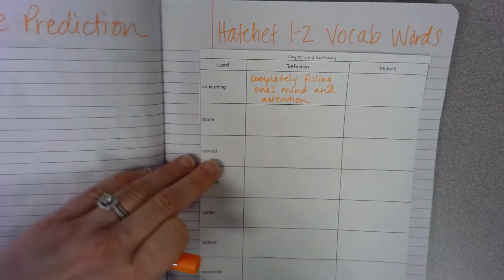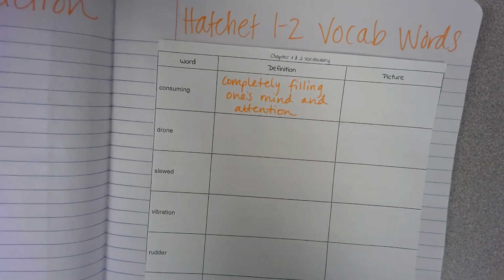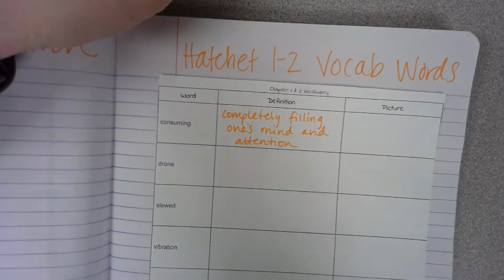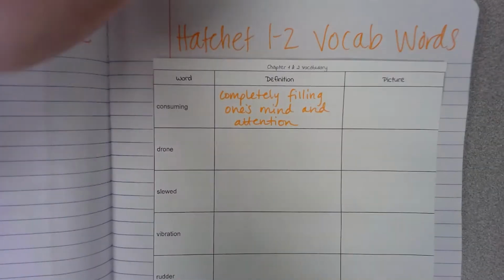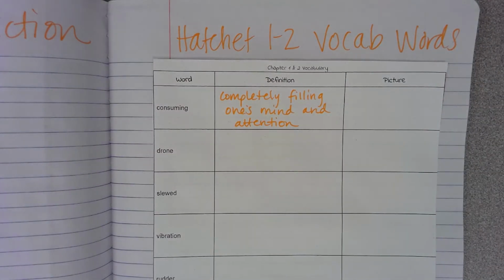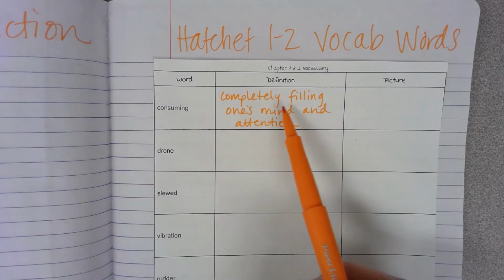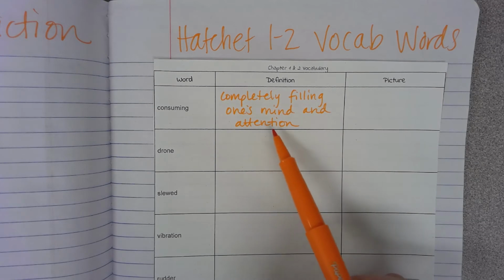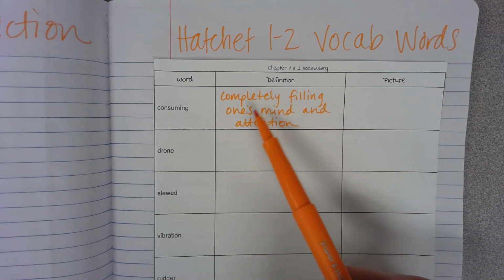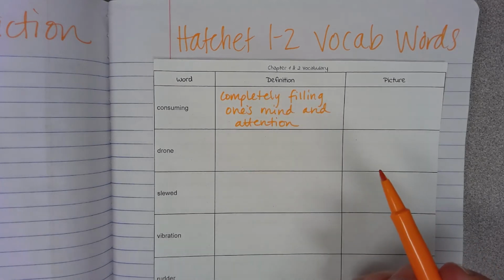So to me, I know consuming is probably a word that you've used or heard of, so you probably know the general definition of it in your mind, but it may be a little bit difficult to draw a picture for this. So what I'm going to do is look through some of the words in the definition here and pull one of them to draw that visual representation of.